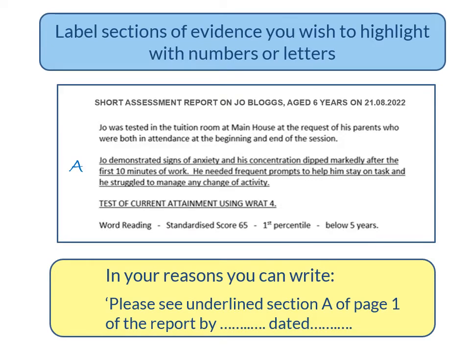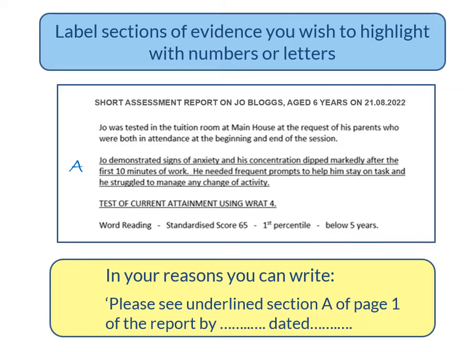It's important to label the particular sections of evidence that you are sending in which relate to the points you are making. Families often underline particular sections and then label these sections using numbers or letters, like you can see in the example on screen. Then in your reasons you can link your point to that section.